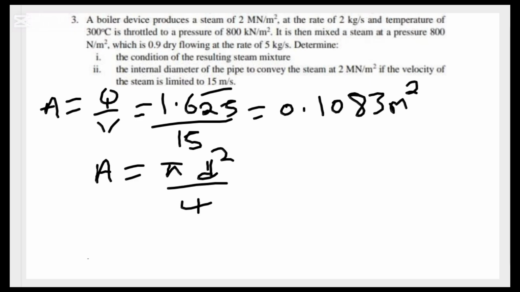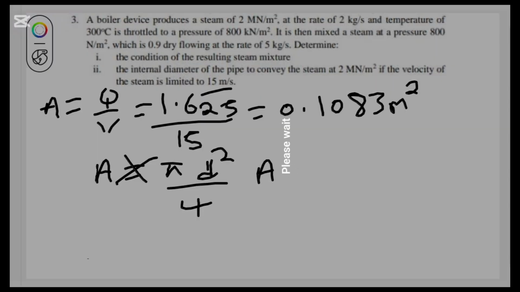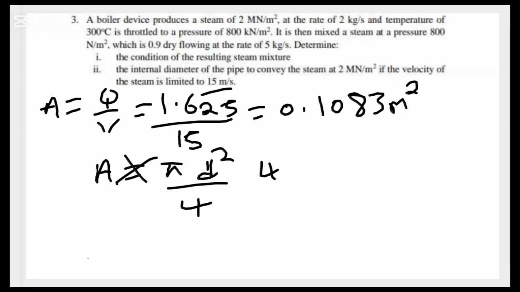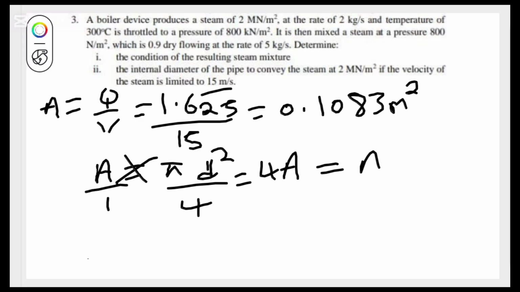So this is my area. Area is the same thing as pi d square over 4. So I'll cross multiply and I'll have 4A. It will now be equal to pi d square, since this is the same thing as over 1.